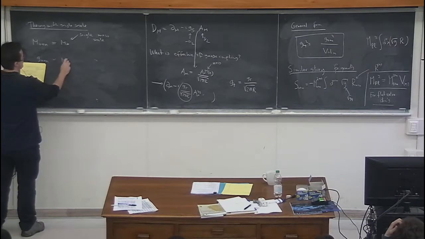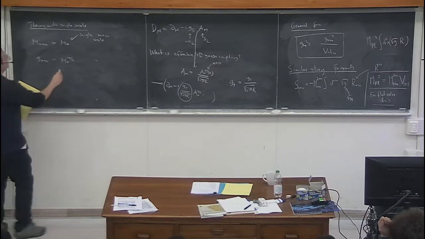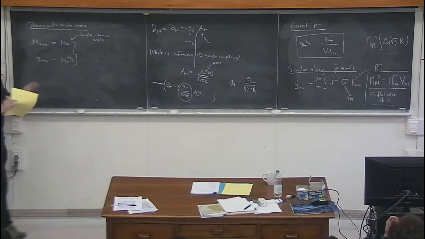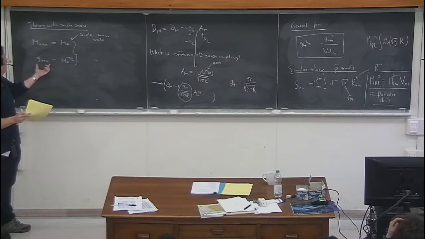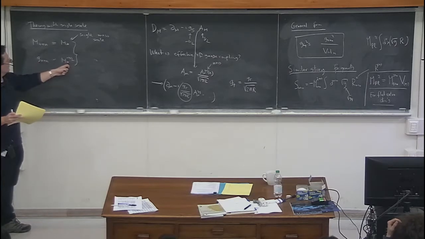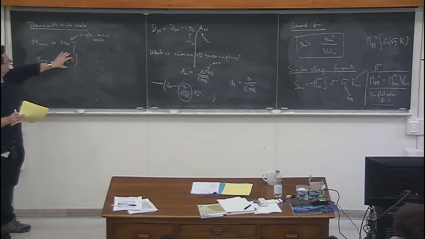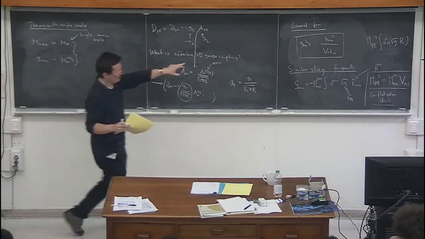So this would be M star to the minus n over 2 power. So this would be a natural theory where there's only one mass scale. But then you go ahead and try to calculate how large this M star would have to be. Well, this M star would have to be setting the volume of the extra dimension.